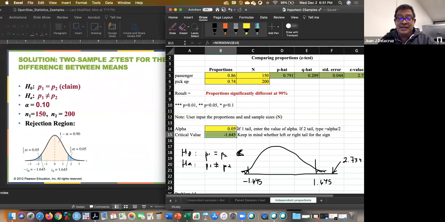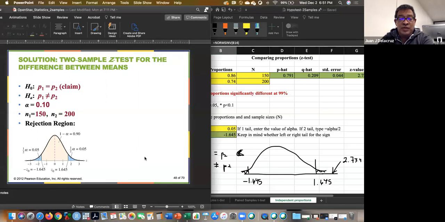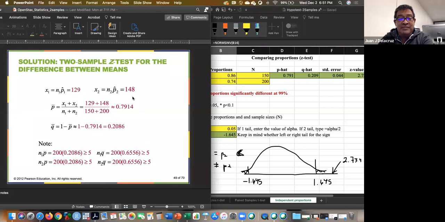Remember, it was 10% alpha. Now we have half of alpha. So my critical value is 1.645, negative and positive. So we have the critical value. So we have the computations here, as you can see.